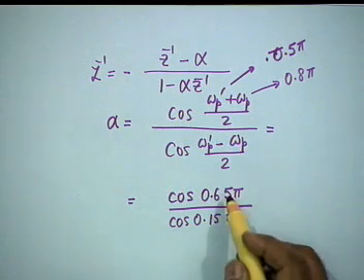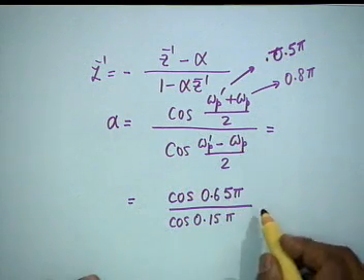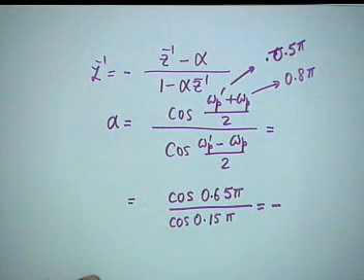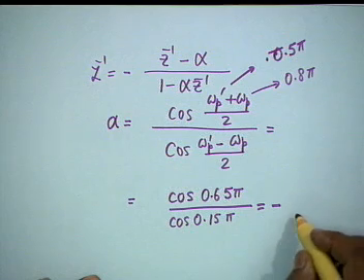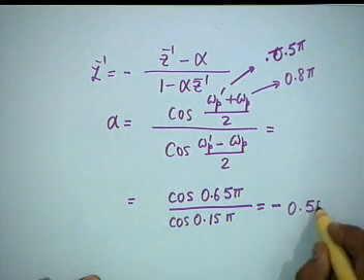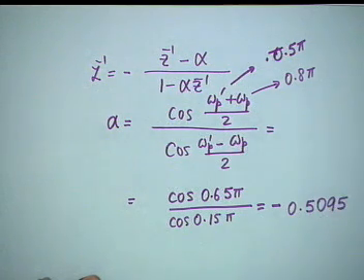Since this angle is in the second quadrant, cosine shall be negative, and therefore the result is alpha is minus 0.5095.